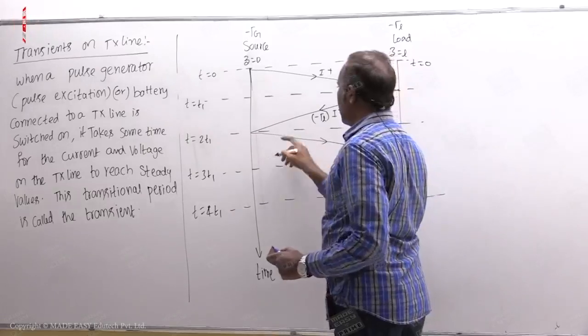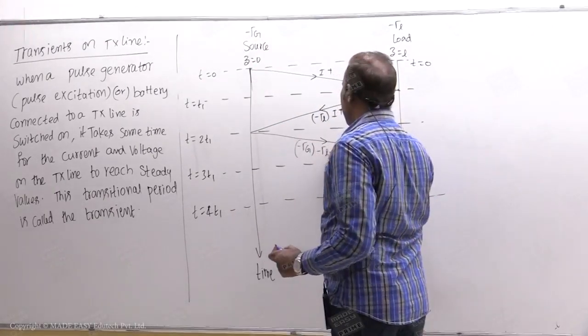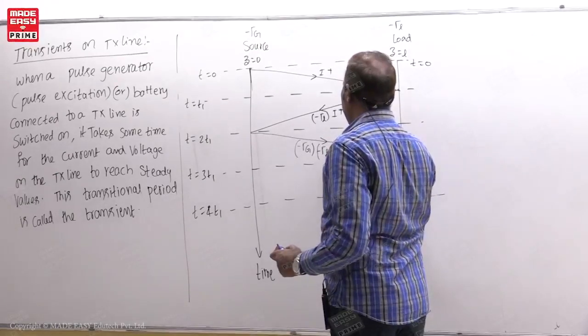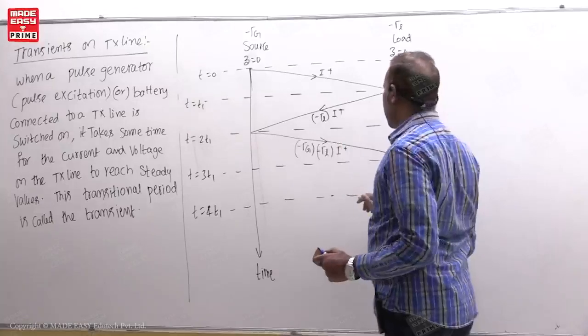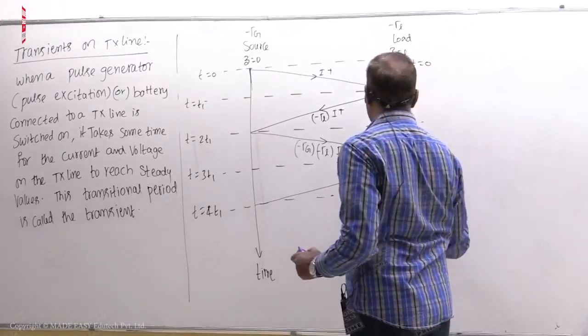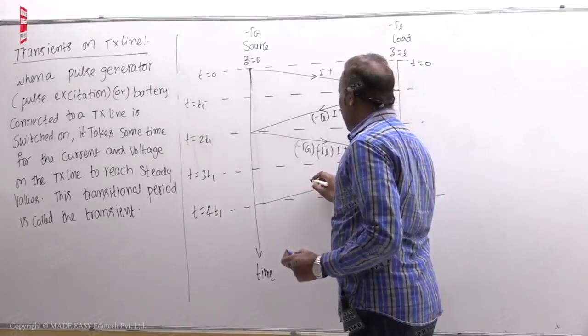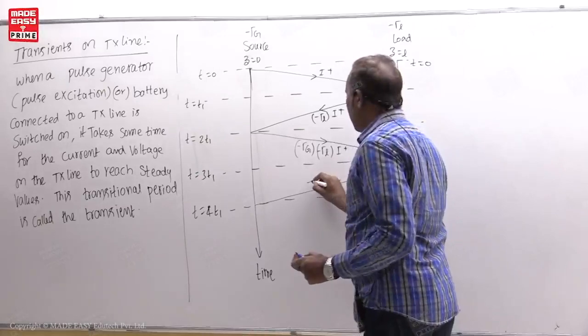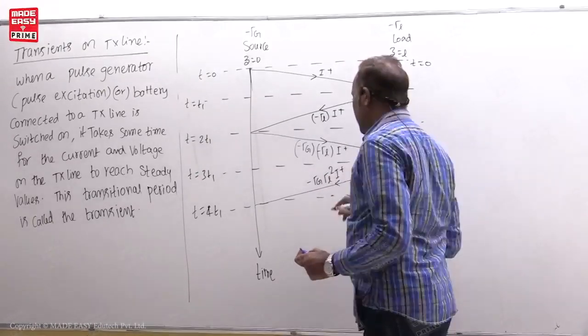The reflection coefficient is minus gamma G, so minus gamma G into minus gamma L and I plus. That is nothing but gamma G gamma L, since minus minus becomes plus. Then again how much is reflected here? Like this, you have to multiply by minus gamma L. Ultimately you have minus gamma G gamma L square I plus.